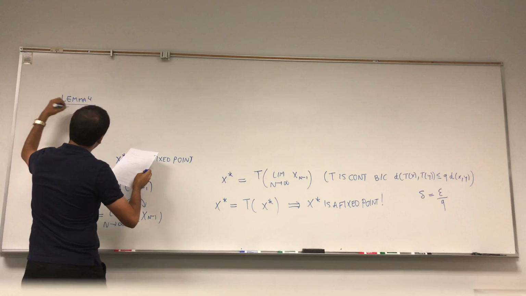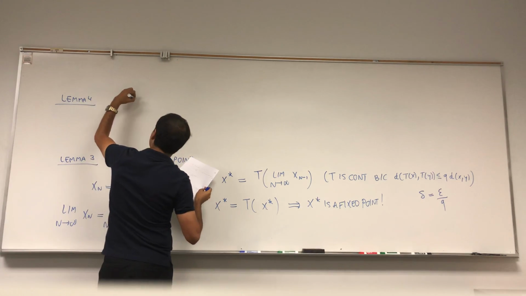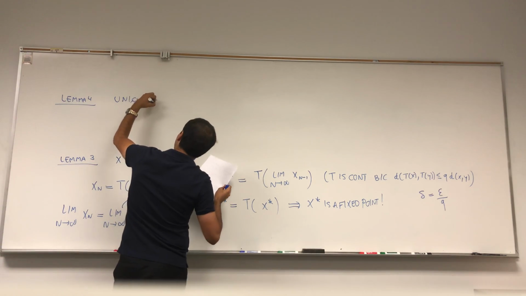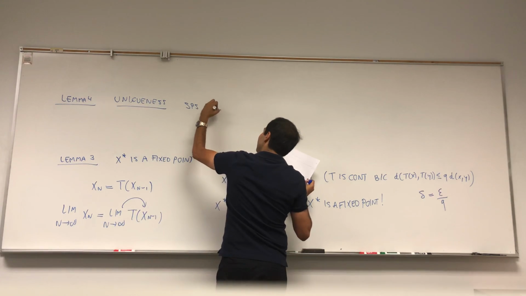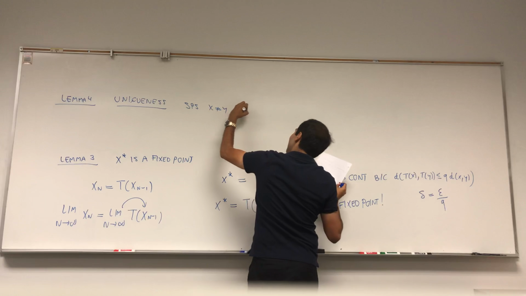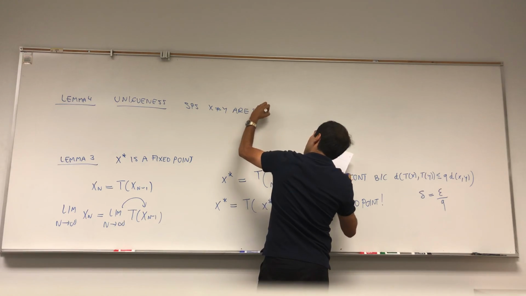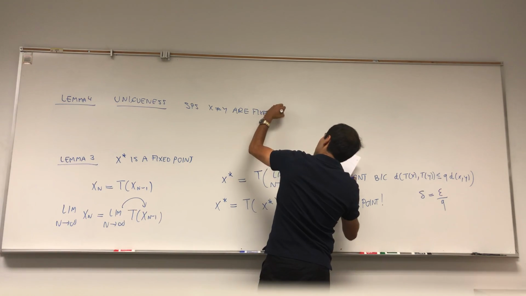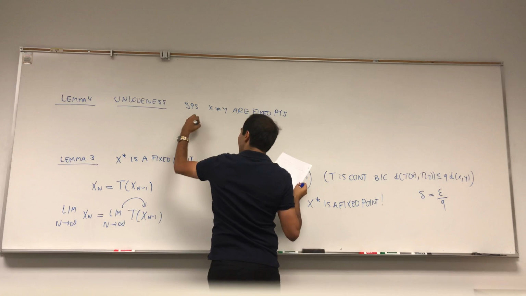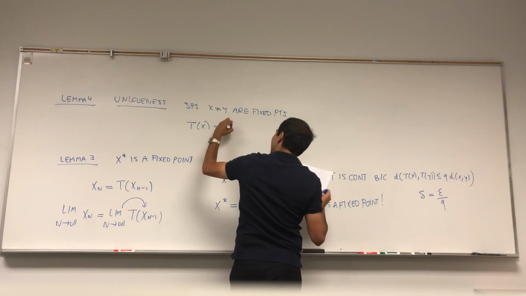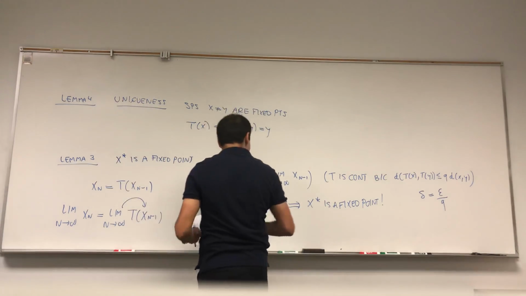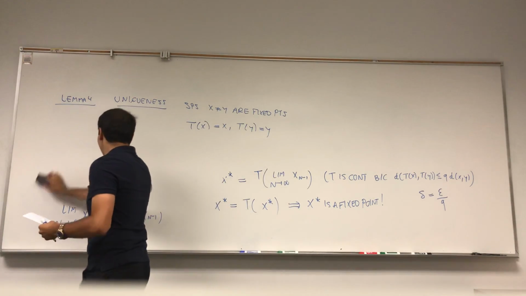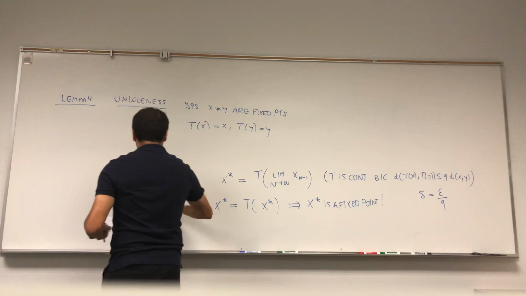So, Lemma 4, uniqueness. It's very cute, you'll see. Suppose x different from y are fixed points. Then by the fixed point definition, T of x is x and T of y is y. Now let's use the contraction definition.